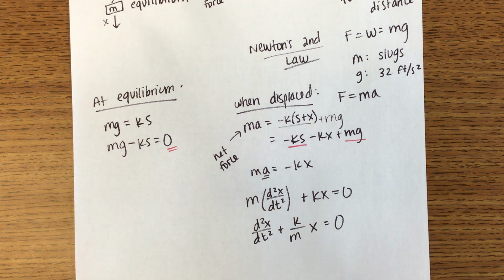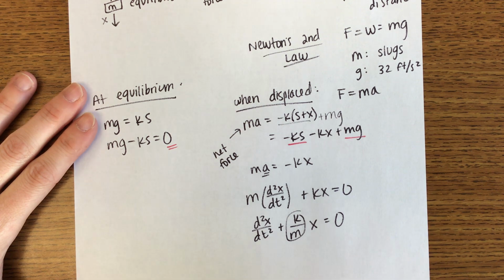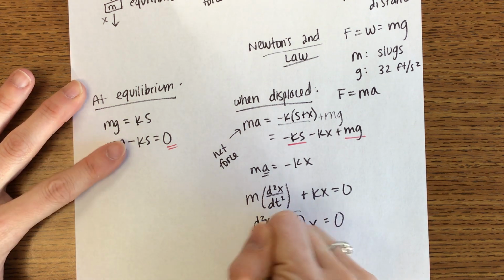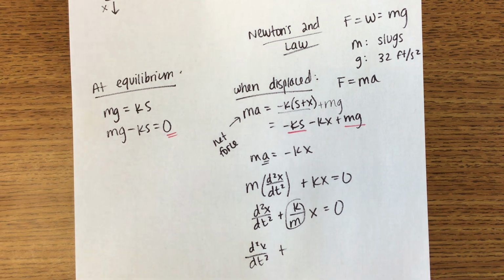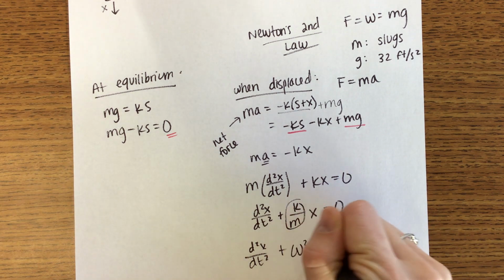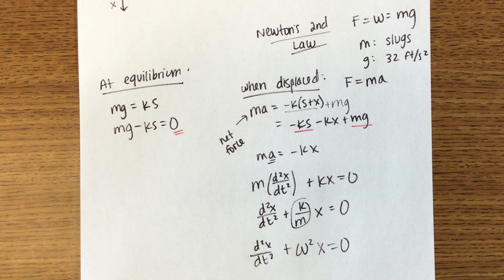Okay, which is not going to look super nice. So normally what we do just to make the calculations easier is we replace that with a new constant. The constant that we replace that with is omega squared, just to make our calculations easier.